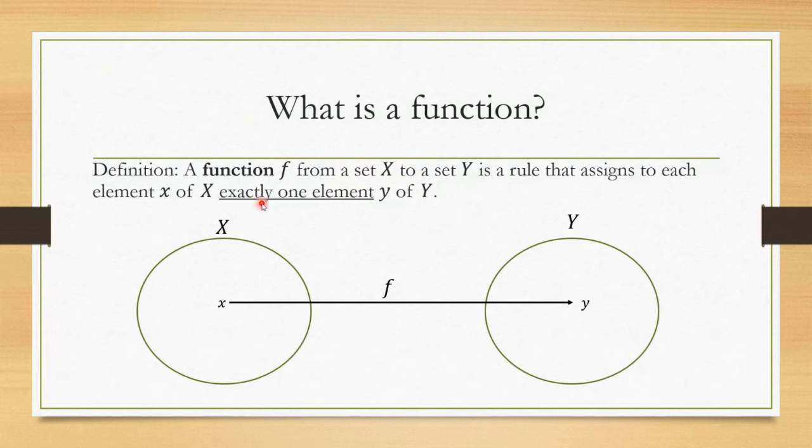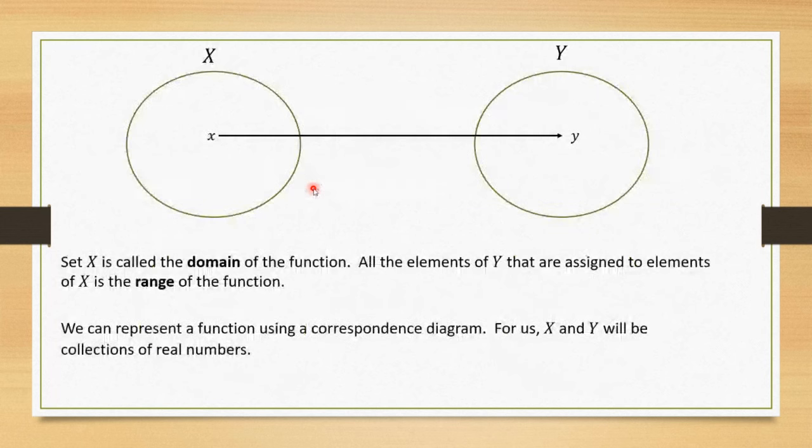You can think of this definition almost like a template, where to have a function, you have to fit the template, if that makes any sense. I hope it does. But anyway, here's some more terminology. The first set, capital X here, we call the domain of the function.